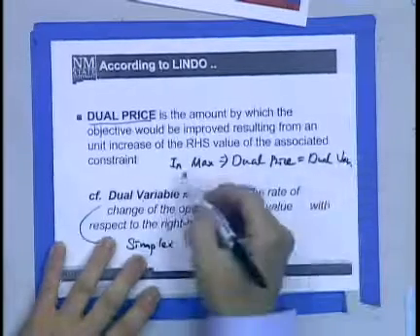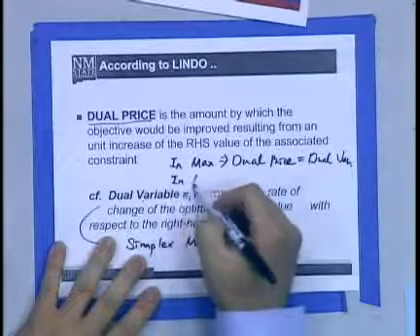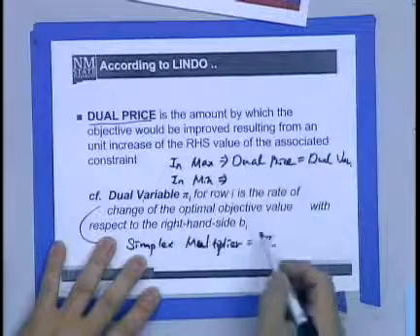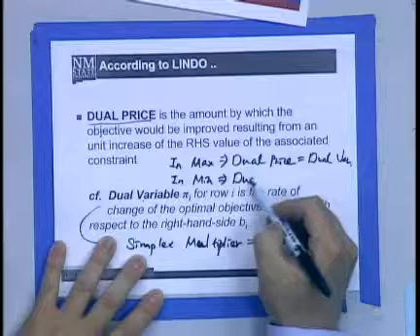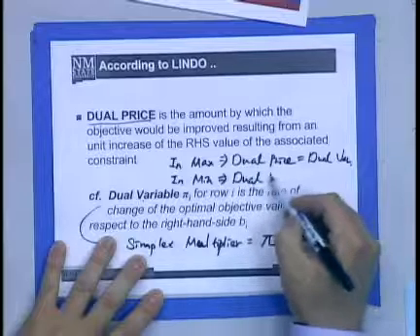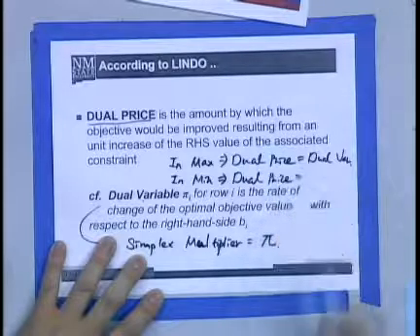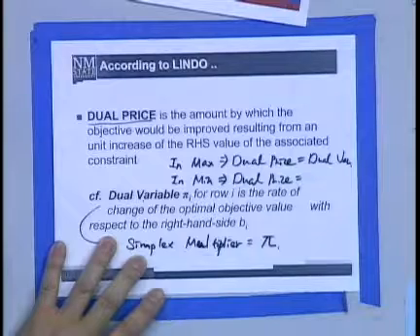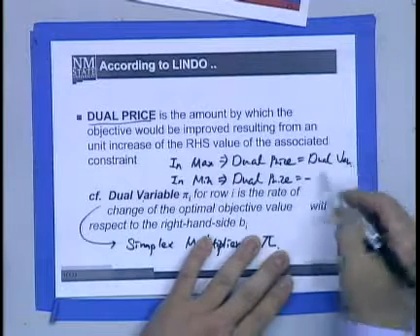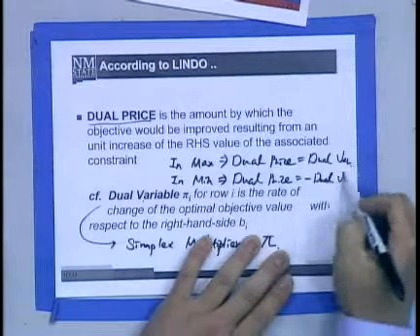However, in the minimization problem, the dual price is what? The negative sign of the dual variable. Okay?